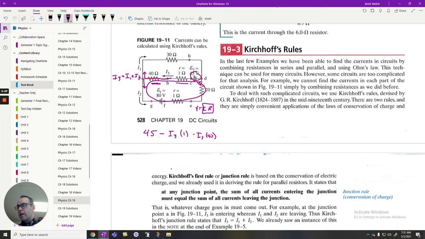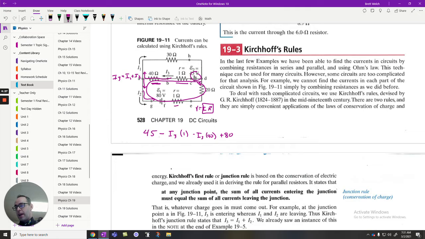And as I turn the corner, now I'm dealing with I2. See that? I no longer have I1, but I do have another battery. Because I'm going in the same direction, from negative to positive, the right direction for the current flow, that would be a plus 80 more volts. I'm going to add 80 more volts because of the battery.